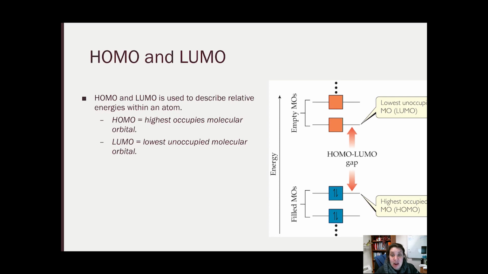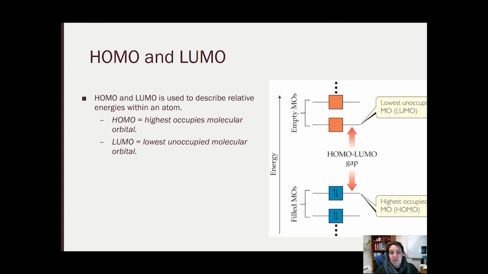They cannot go in areas where there is no orbital. So if we don't have energy states or orbitals in a molecule, then we can't excite electrons to that. If we have electrons in our HOMO, we can excite them into our LUMO orbital, and that allows us to get that excited state.